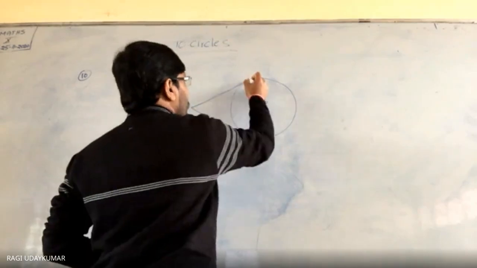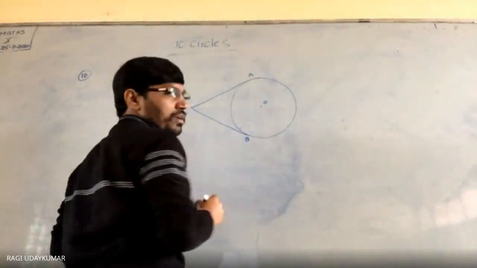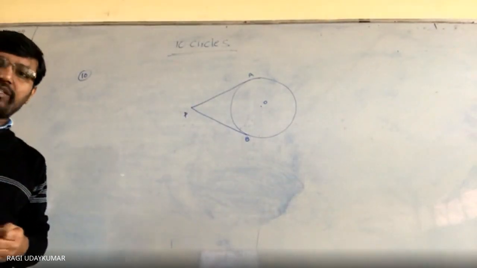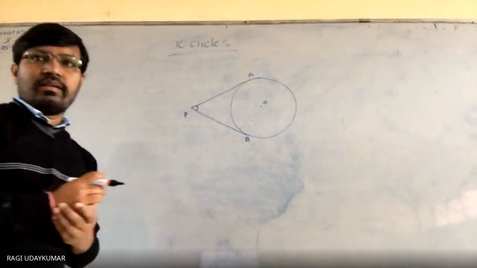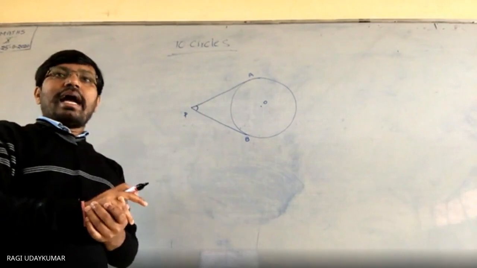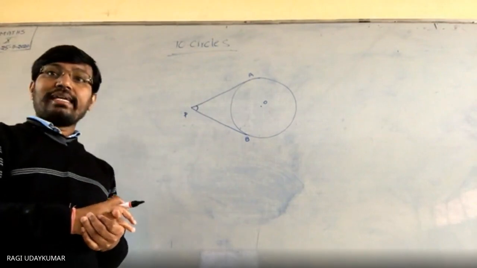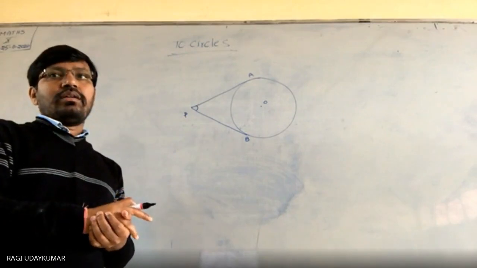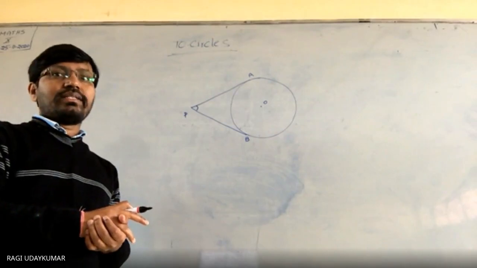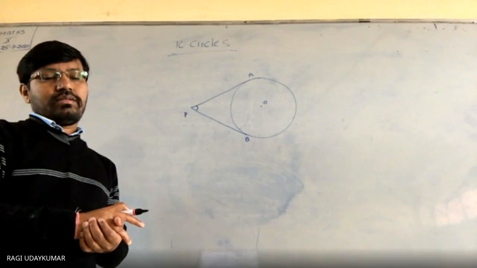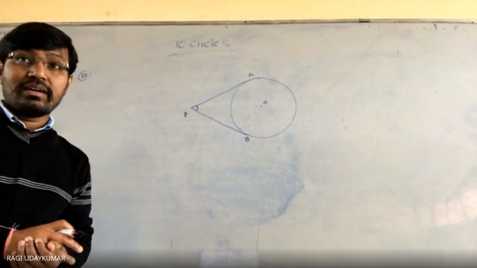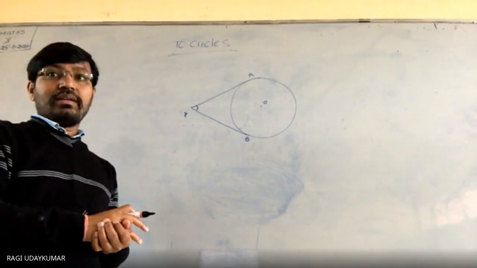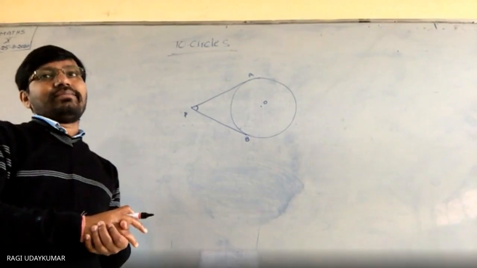Let us consider the points A and B. It is to be proved that the angle between the two tangents drawn from an external point is supplementary to the angle subtended by the line segment joining the points of contact at the center.